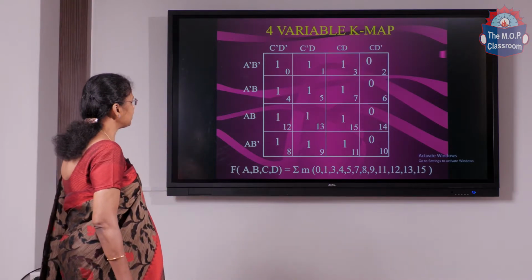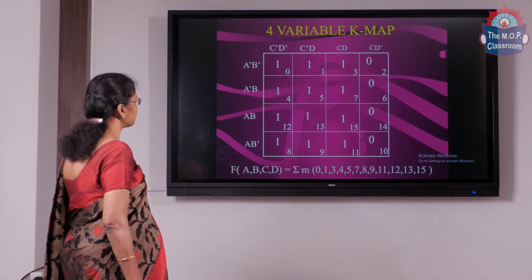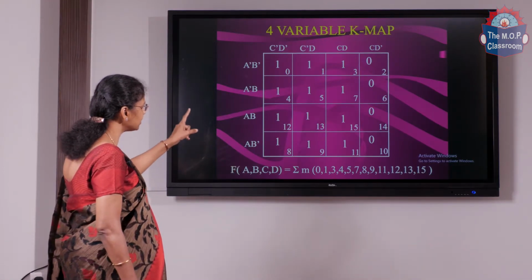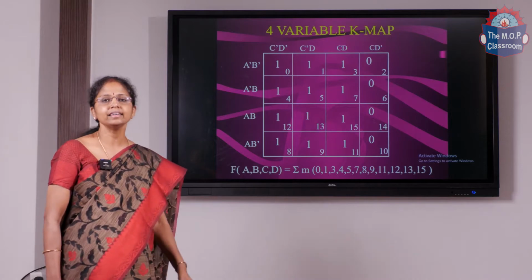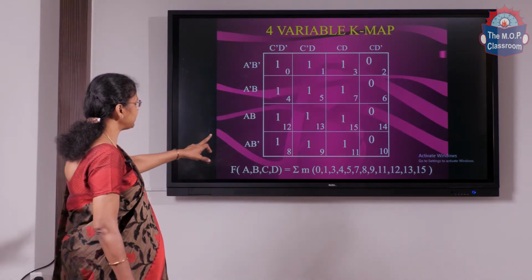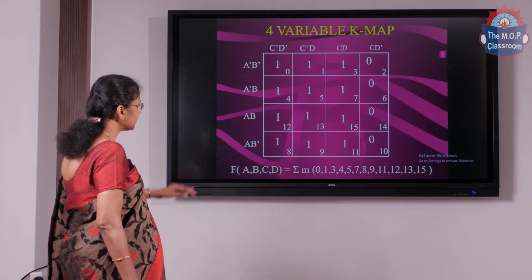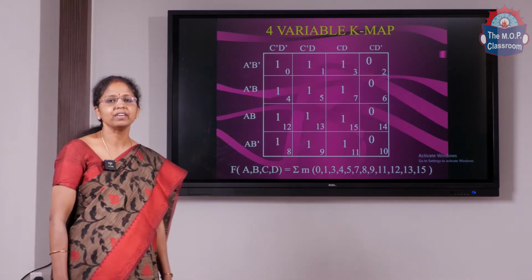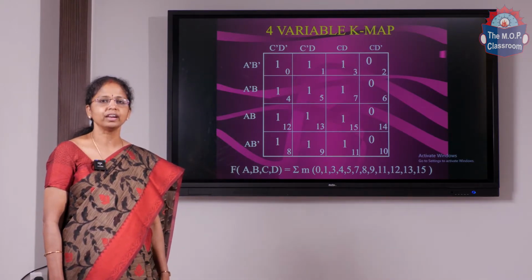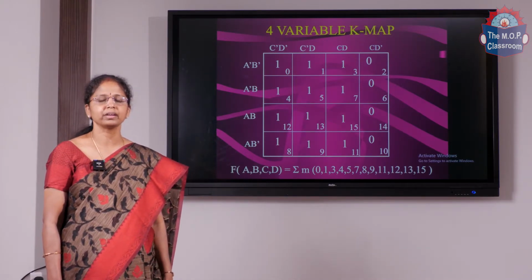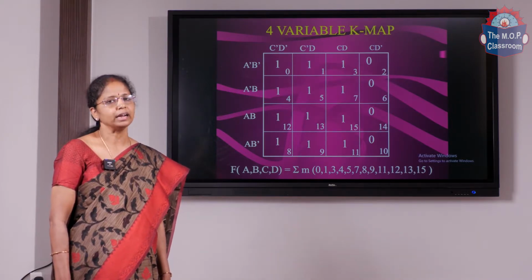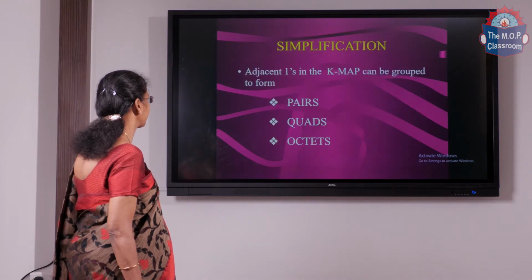So, in the K map, we fill those positions corresponding to these numbers with 1 and the rest with 0. So, we have completed filling the K map according to the given Boolean function. We have seen how to fill up a 2 variable K map, 3 variable K map and 4 variable K map when you are given a particular Boolean function.